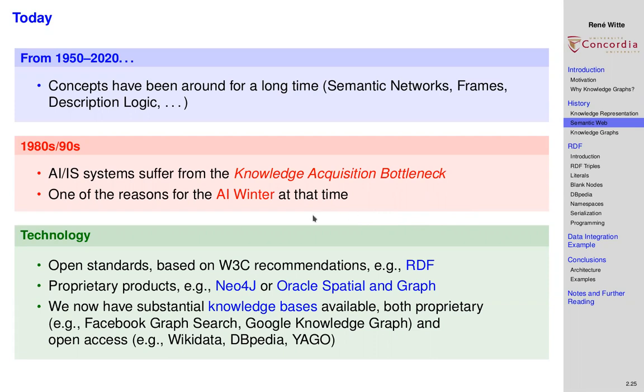Similarly, Facebook has all the information about all the users and their connections in their own Facebook graph, but it's not publicly accessible. But there is a large number of open, publicly accessible knowledge graphs that you can use in an application. And we'll cover more of these in detail in a couple of weeks. We'll see a few of them before, but I'll talk about this whole set of publicly accessible knowledge graphs in 3 weeks.